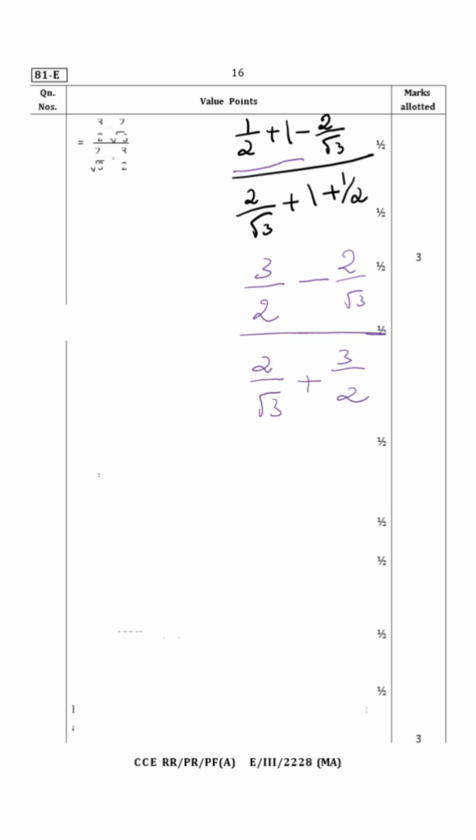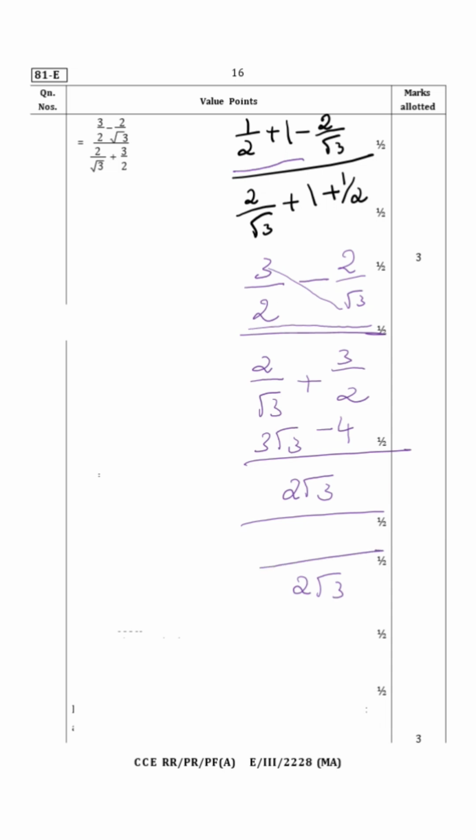So now let us write like this, more clear. In the numerator, LCM is 2 root 3. So this is 3 root 3 minus 4. In the denominator, LCM is 2 root 3.